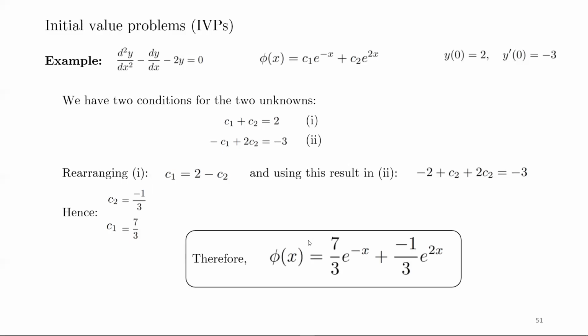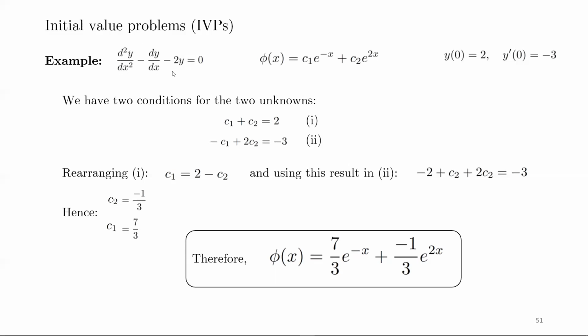So therefore, for this solution phi, we can now tell you what the numbers C1 and C2 are. C1 is 7 over 3, so phi of x is equal to 7 over 3 e to the minus x plus negative 1/3 e to the 2x. Maybe I can be a little bit clear and labor this point a little longer.